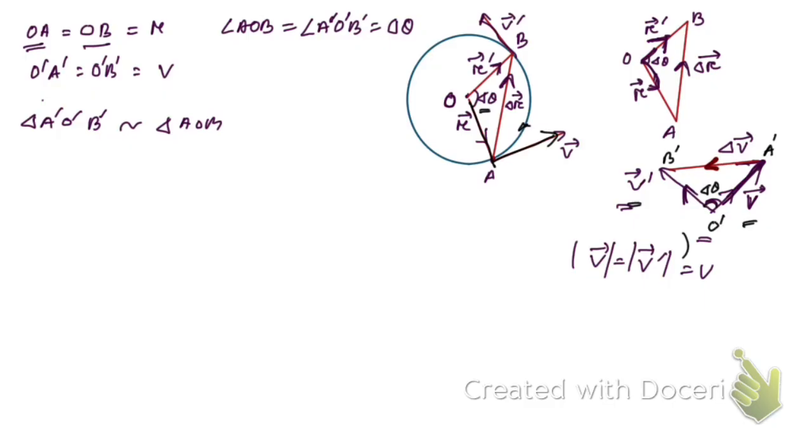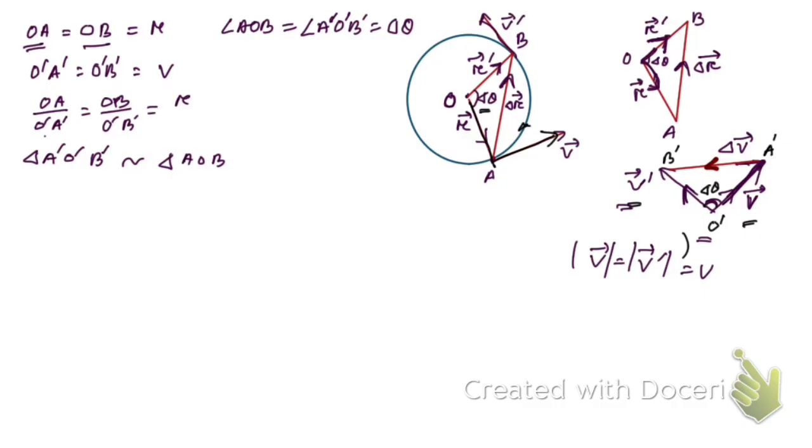Because you see, if you divide this one by this one, then what are you gonna have? OA by O dash A dash is equal to OB by O dash B dash is equal to R by V. So here two pairs of corresponding sides of these two triangles are in proportion, right?